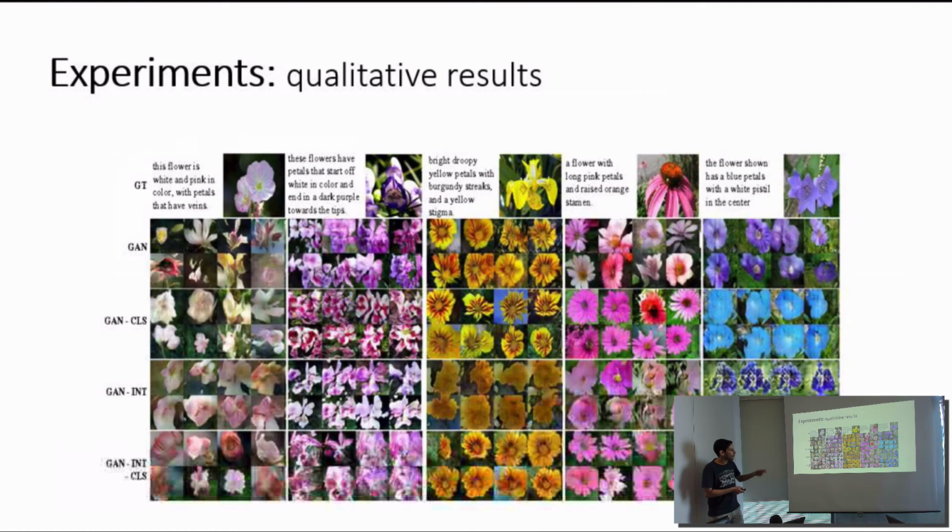They also tried on flower images. The problem is arguably easier for the bird example because somehow the shapes are easy to learn and to capture. The approach seems to give quite interesting results, where the descriptions seem to match the generated images. So this one is a real image corresponding to this description. The rest are all generated.